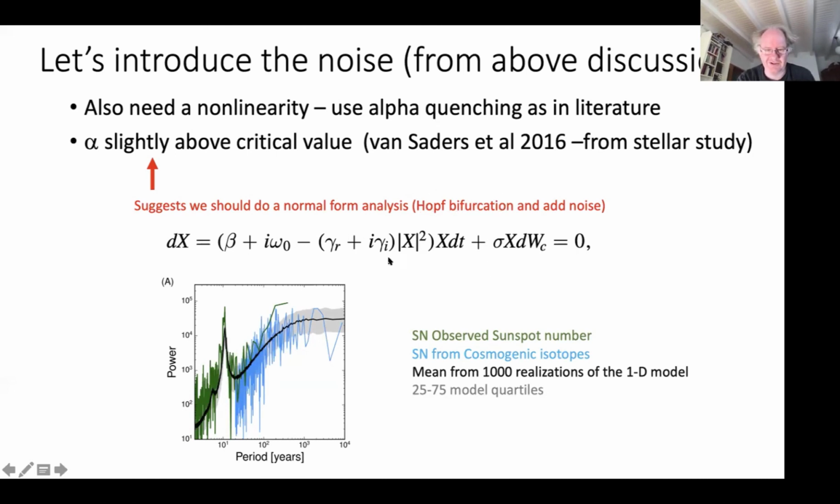So we have the equation for the Hopf bifurcation, which is the normal form for this type of behavior, and we add some white, multiplicative noise.